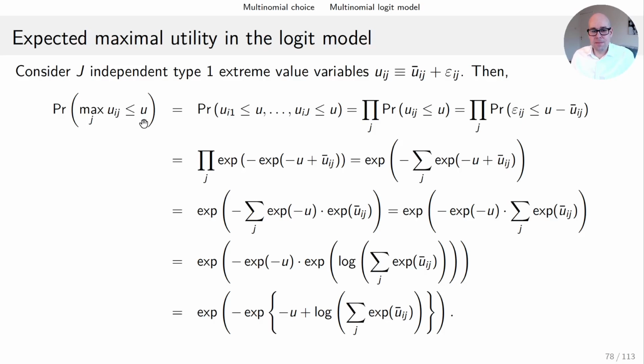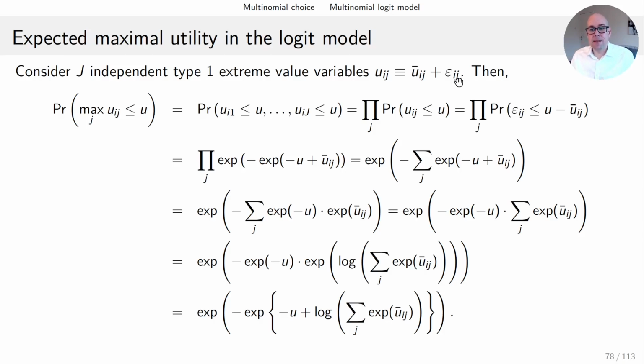But let's just first go through this step by step. The probability that the max utility is less than or equal to u, where u is a constant, is the probability that each of the utilities is less than or equal to u. So that's a joint event. What I'm assuming is that these epsilon ij's, these random components of utility, are type 1 extreme value and IID.